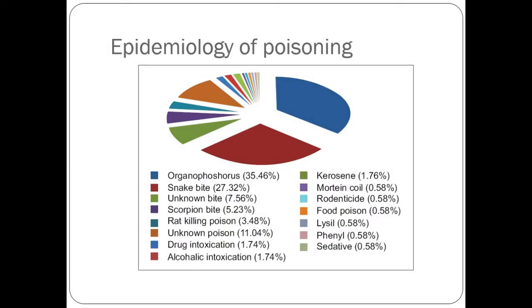This picture tells us the incidence of different types of poisoning. As you see in this picture, organophosphate, which is one of the important pesticides, has the highest percentage: more than a third of poisoning cases are due to organophosphate, which is a member of the pesticides. So pesticides represent a high ratio of poisoning cases coming to the emergency department.